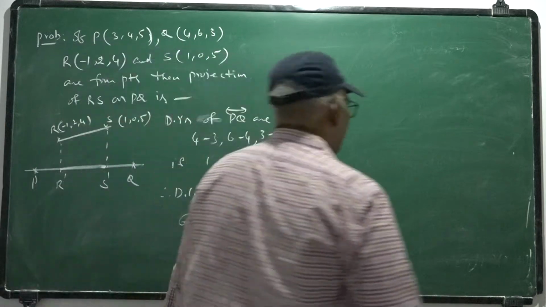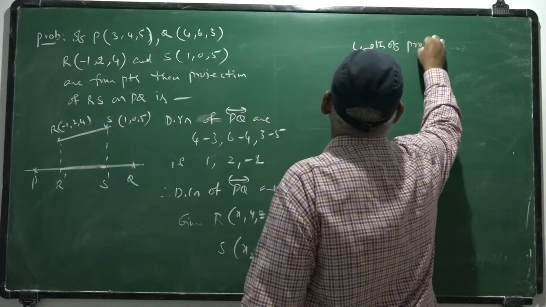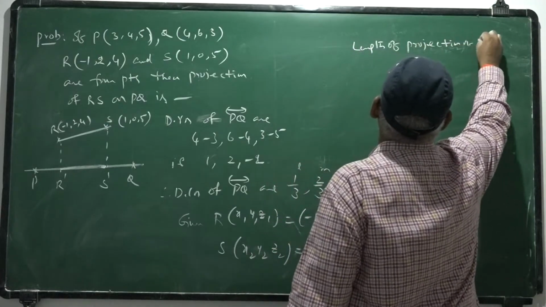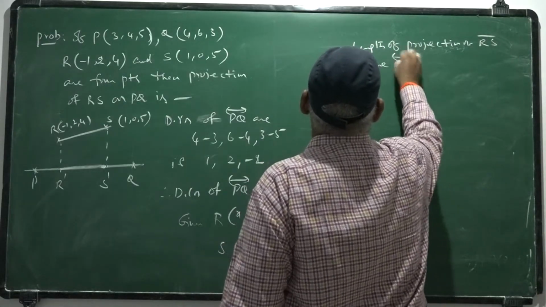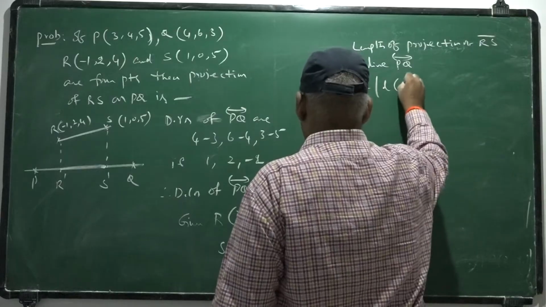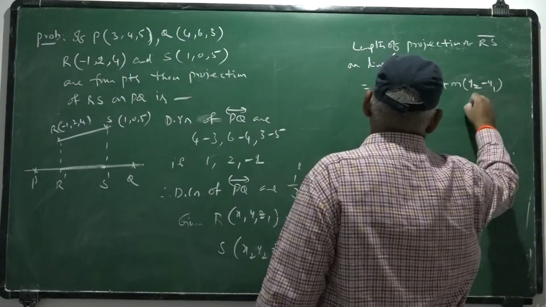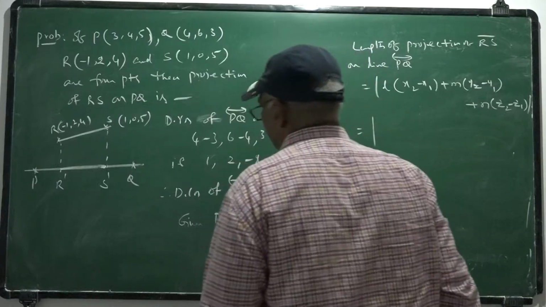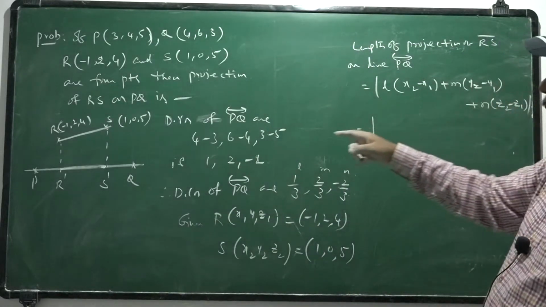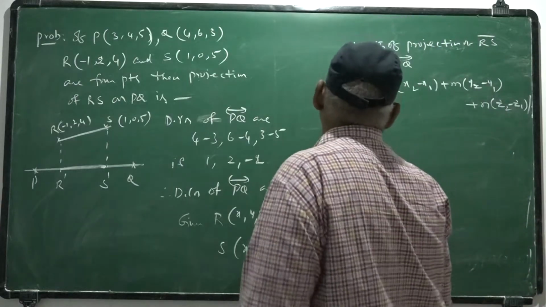So the length of the projection of line segment RS on line PQ is modulus of L into x2 minus x1 plus m into y2 minus y1 plus n into z2 minus z1. Here L, M, N are the direction cosines of the line on which the projection is needed.